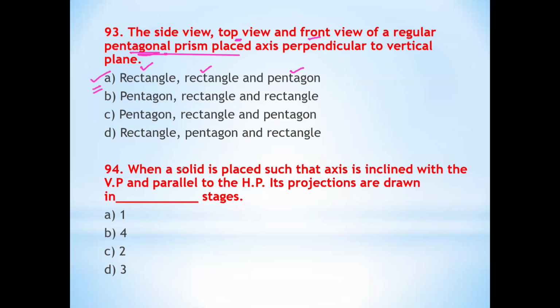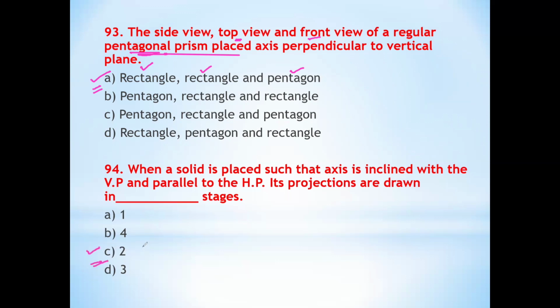Now one thing is clear here: this axis is inclined with respect to only one plane. It is inclined with only the VP and parallel to the HP. In such cases, if the solid makes an angle with respect to one plane, we can complete its solution in two stages. So our correct answer must be C, that is 2.